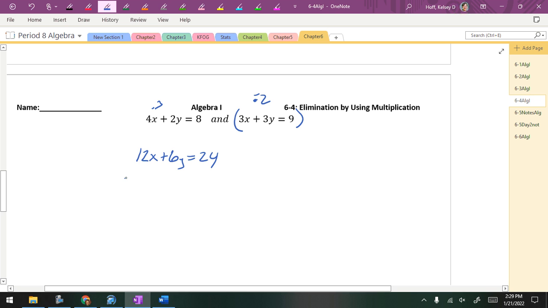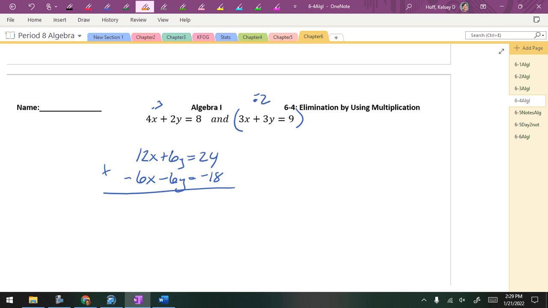So you would end up with -6x minus 6y equals -18. 12x minus 6x. Positive or negative? Positive 6x. Your y's cancel. 24 plus a -18. Positive. Okay. Then you should divide by 6. x equals 1. Plug it into 4x or 3x?